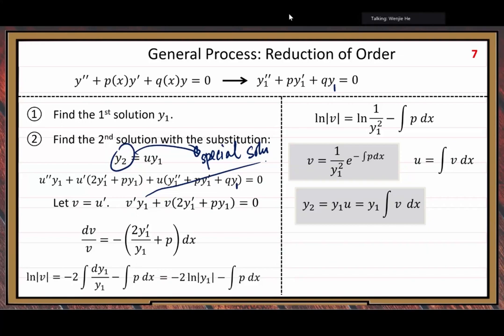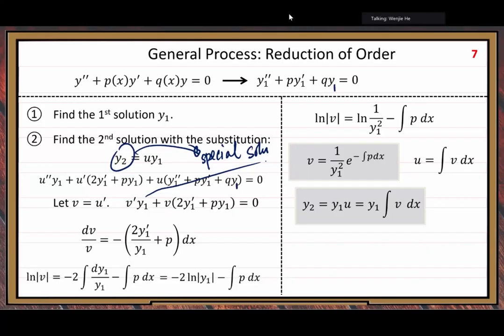Is there something you need to worry about when you go from special to general by linear combination? Linear independence. You need to check the linear independence.